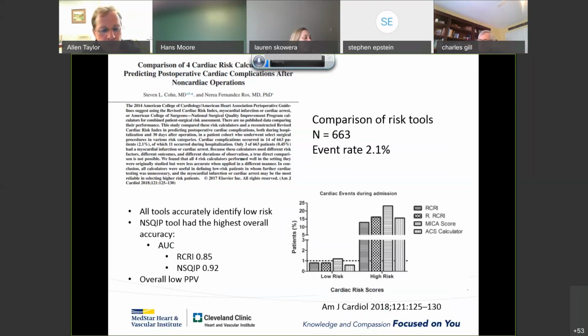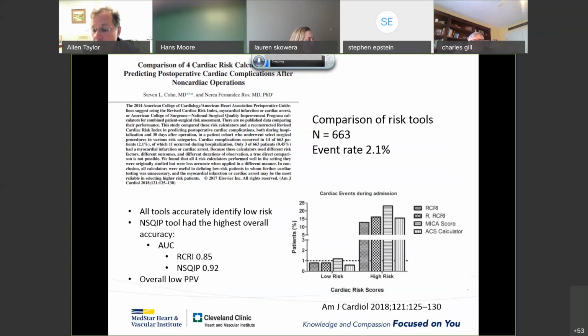But when considered in terms of overall accuracy using area under the curve, it was the NSQIP that had the highest accuracy for overall event prediction. But you'll also continue to see that the overall positive predictive value is low. That is, the proportion, if a patient was high risk, still only about 15 to 20% actually have an event.